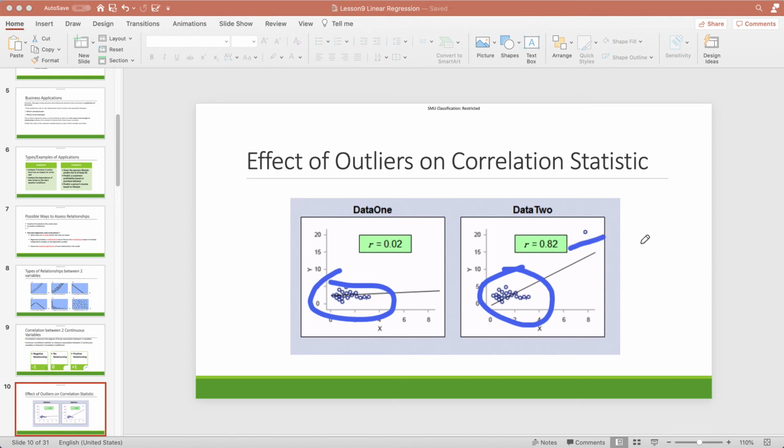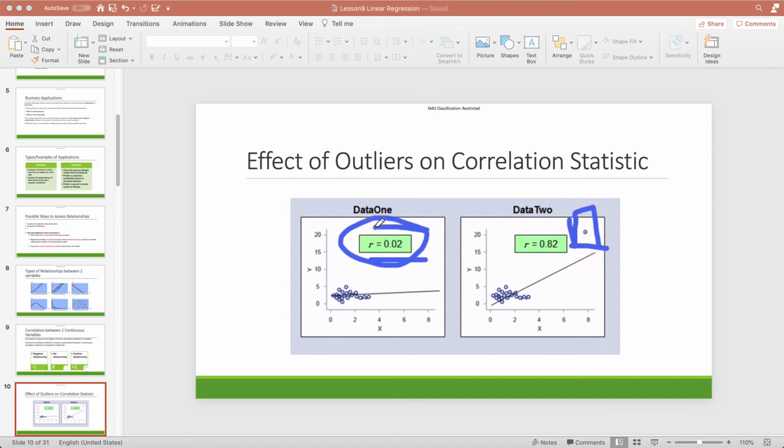And the moment you put that outlier in the mix and you find out the Pearson correlation coefficient, it shows up to be very high, 82%, which is pretty high correlation. But in reality, it's only 2%. So if you take out this data point, then the metric changes completely.